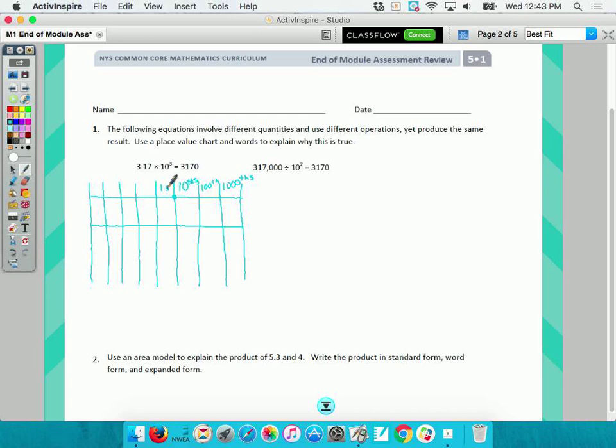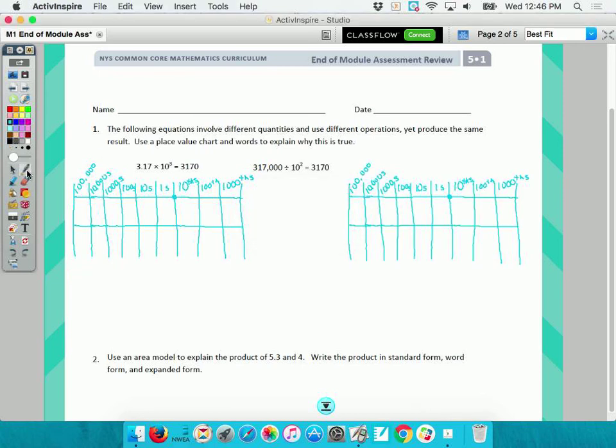Should I do ones, tens, hundreds, thousands, 10,000s, and I need one more. So 100,000. Go all the way to 100,000. So I'm going to pause it while you make 2 place value charts, okay?